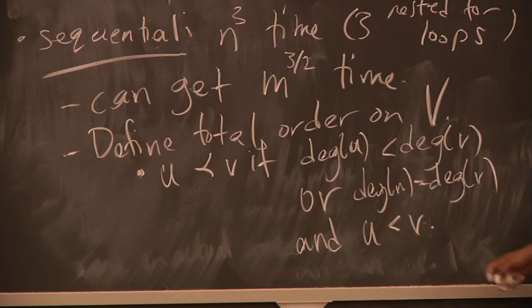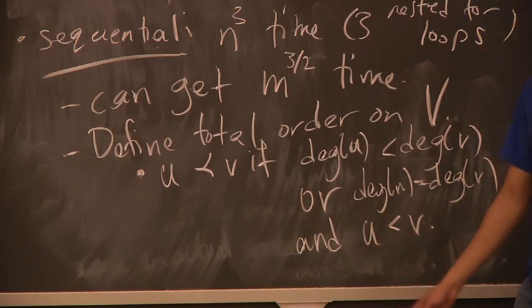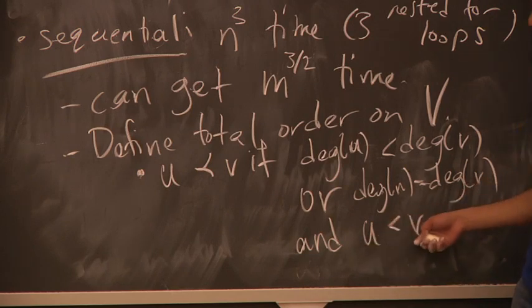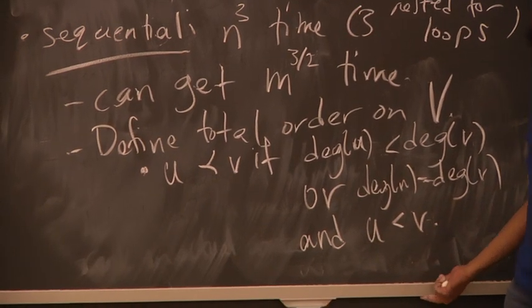When I say u is less than v, let's say that we associate with each vertex a number between 1 and n. So if the ID of u is less than the ID of v. Okay.